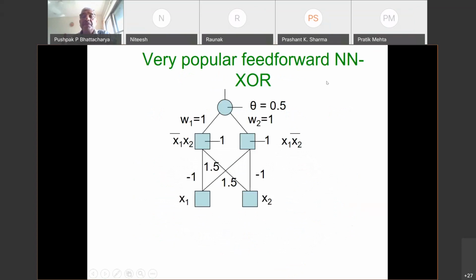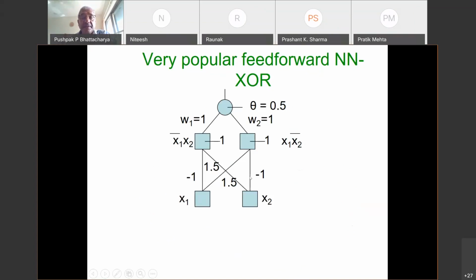A very popular feed-forward neural network is the XOR network because hidden layers were introduced to solve the problem of XOR. We know that a single neuron cannot solve the XOR problem unless it has some very complicated input-output relationship like sine function.